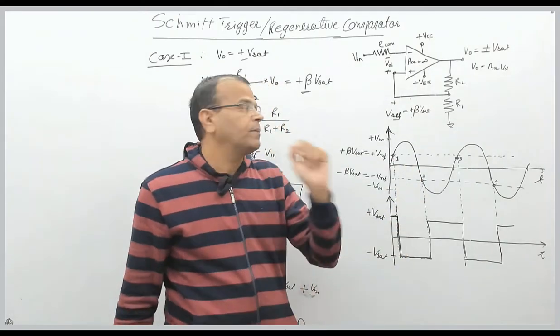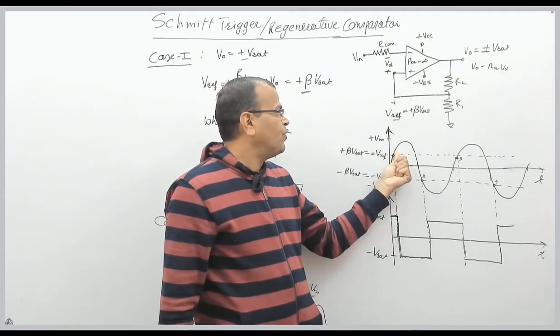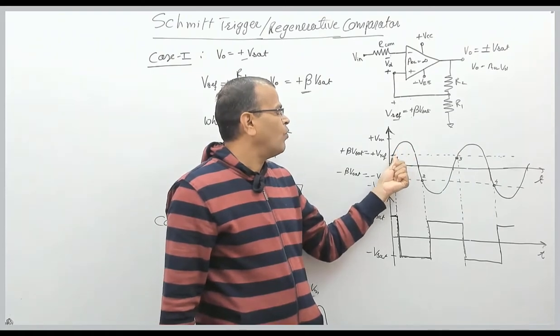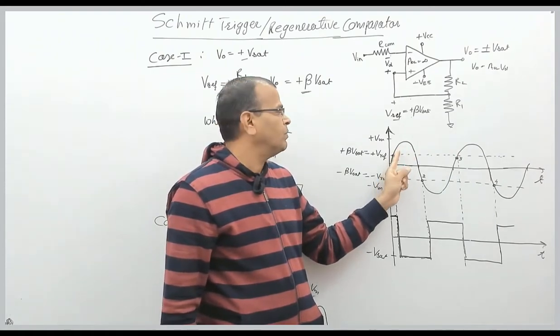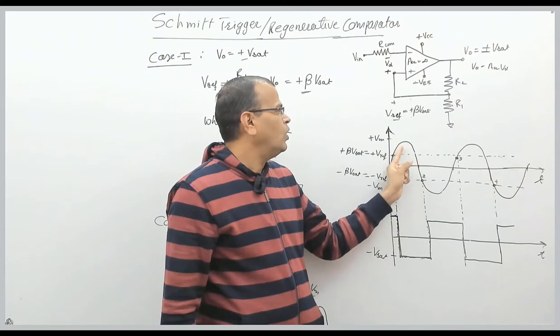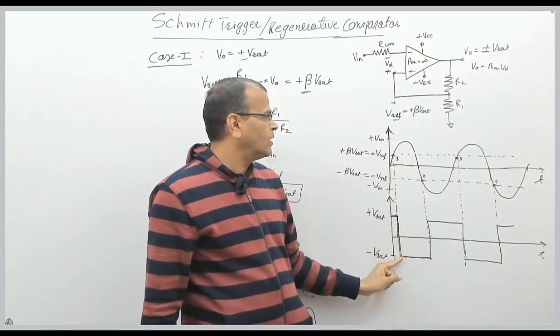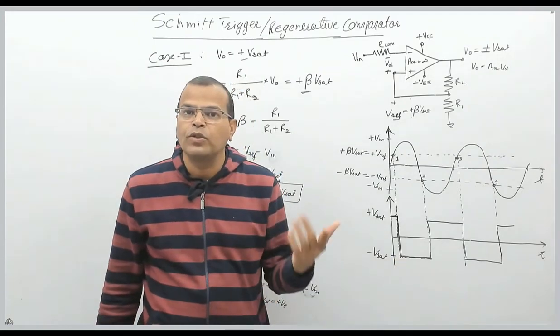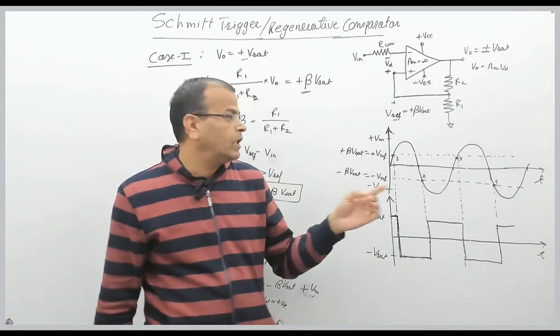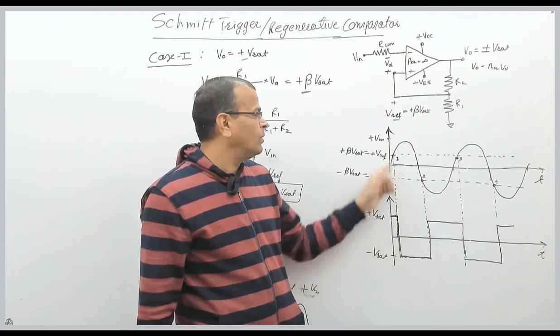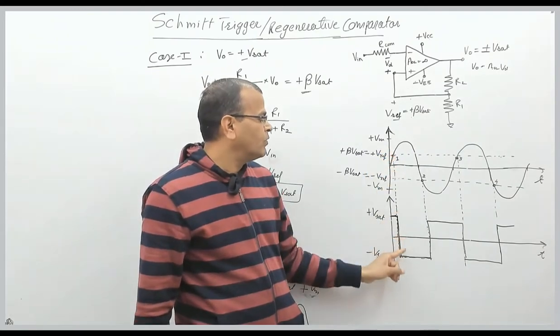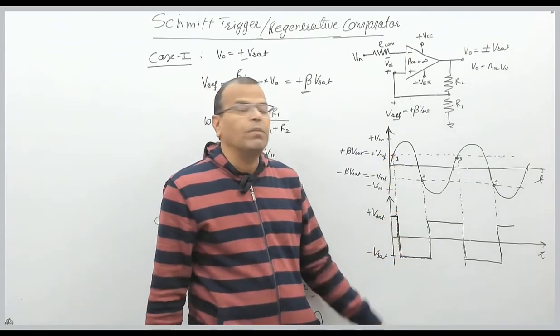The moment input voltage becomes more than this plus beta into V set, means this portion, your output changes to minus V set, not beta into V set. Output changes to minus V set at this instant. So output has become negative.